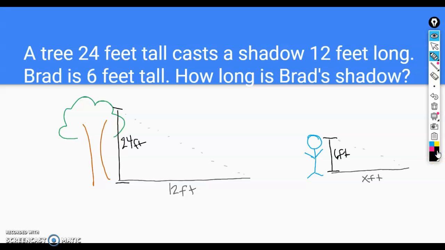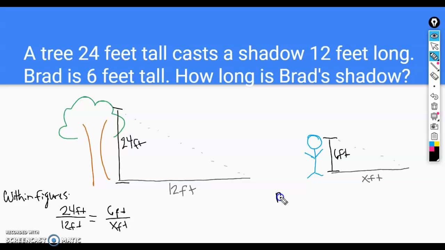So if I'm going to do within figures, I'm going to do 24 feet over 12 feet. So that's me looking at the tree. And then I'm going to equal that to 6 feet over X feet. So I'm focusing just on Brad.